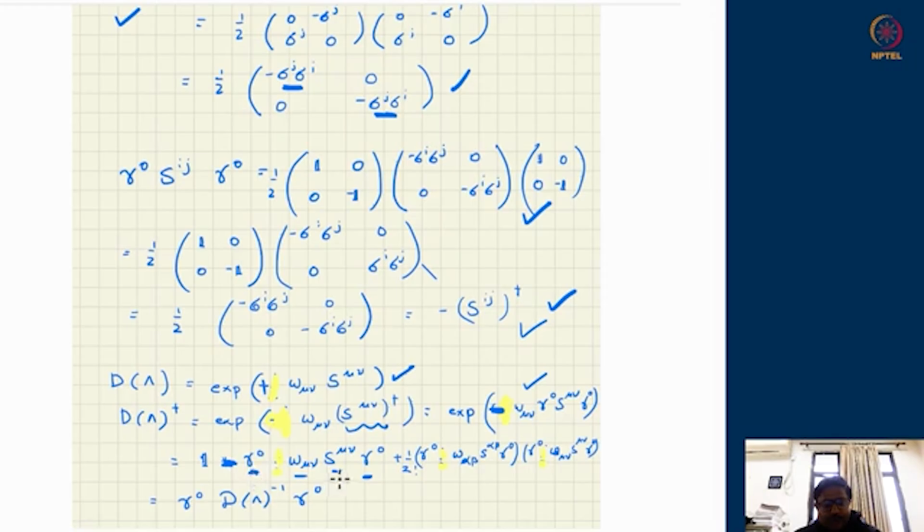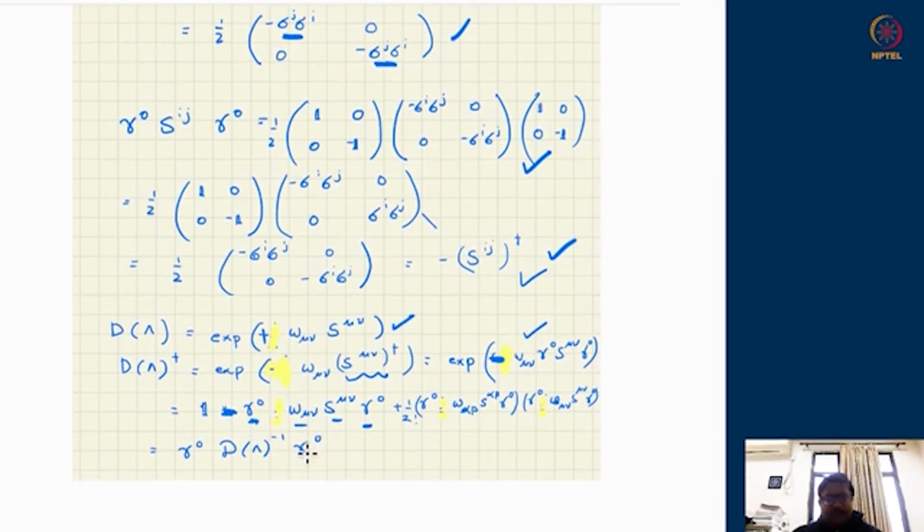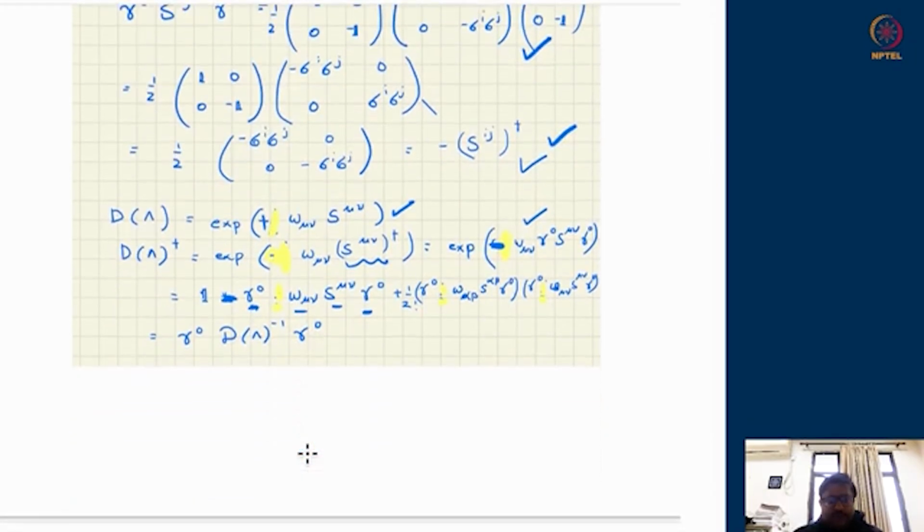So you see all the terms have a very similar kind of structure, where identity can also be written as gamma 0 from the left and gamma 0 from the right, because gamma naught identity times gamma naught is again identity. So all these terms have gamma naught on the left and gamma naught on the right. This term has a gamma naught on the left, gamma naught on the right. This term also has gamma naught on the left and a gamma naught on the right. In between there is a gamma naught as well, which together combines and gives you identity.